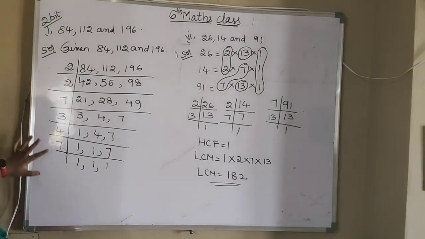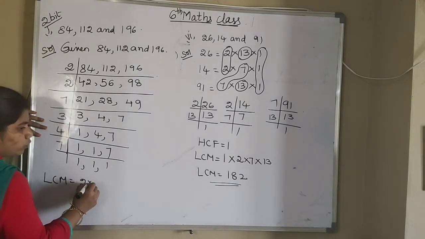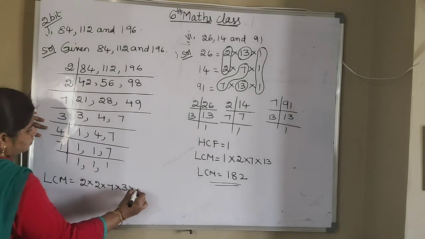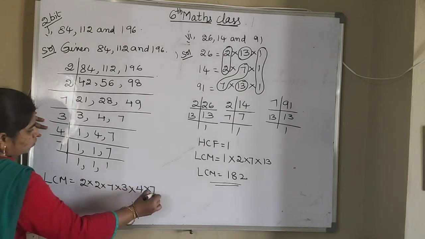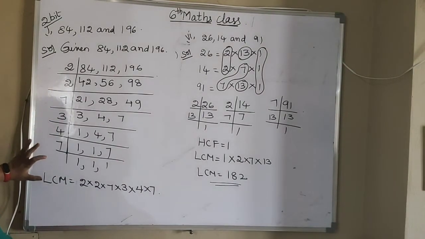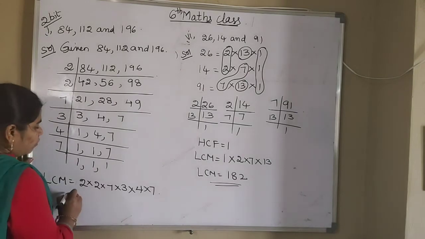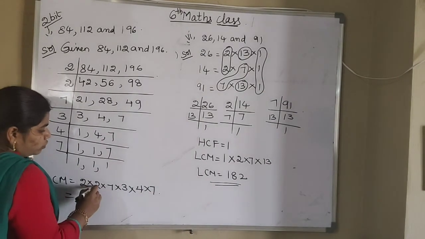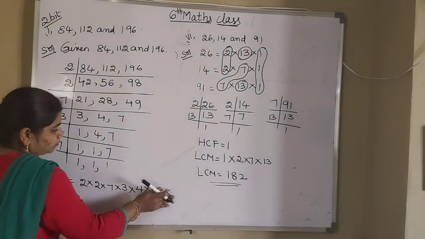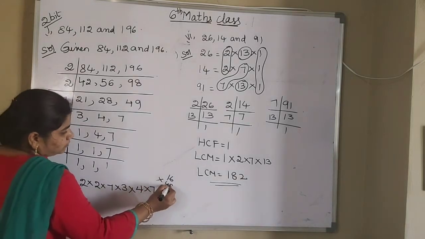So now you multiply all this. So what is the LCM here? LCM is equal to 2 into 2 into 7 into 3 into 4 into 7. These are the prime factors you got here. So now multiply all these values. 2 2s are 4, 4 4s are 16. So 16 into 7 7s is 49.